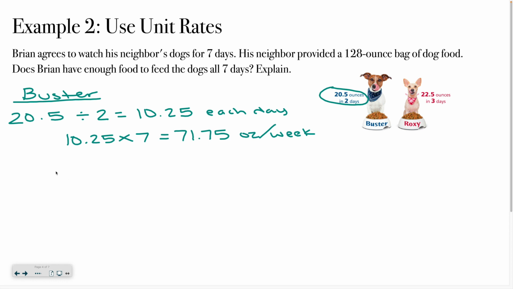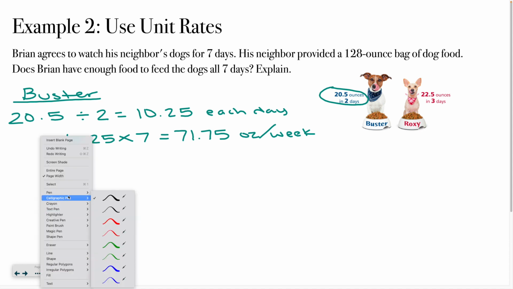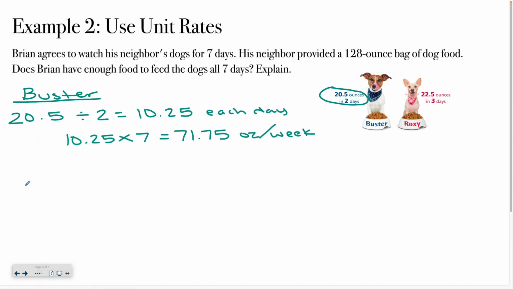Then we have Roxy. We need to figure out how much Roxy eats in 1 week. Based on the information located next to Roxy, she eats 22.5 ounces in 3 days.